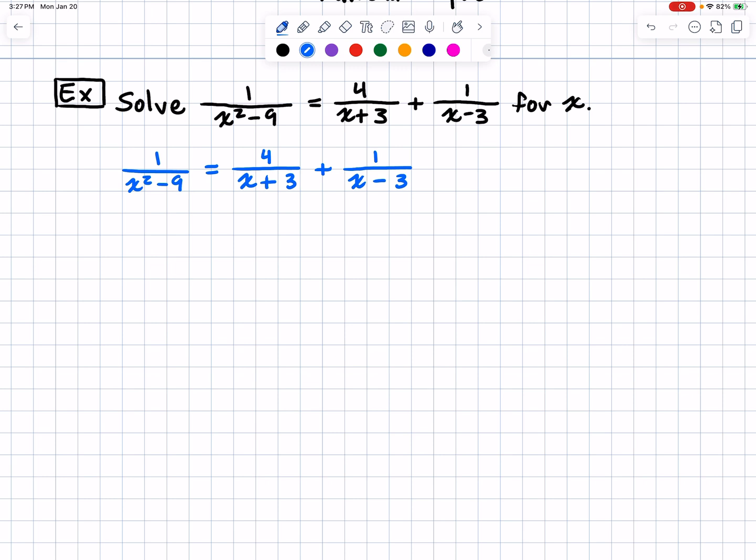All right. So what I'm going to do first is factor this denominator here, since it's factorable, and we're going to want to be able to find the least common denominator of these. So if you recall how to factor a difference of two squares.